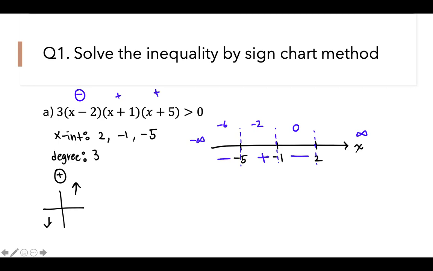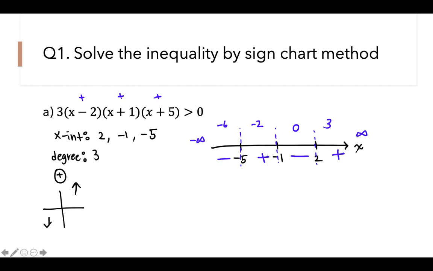Next, let's plug in a number that is greater than 2. Any number that's greater than 2, so I could plug in, let's say, 3. So 3 minus 2 is positive. 3 plus 1 is positive. 3 plus 5 is positive. So positive times positive times positive is going to give me positive.